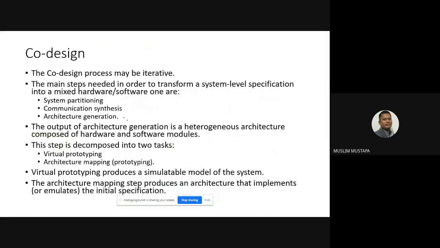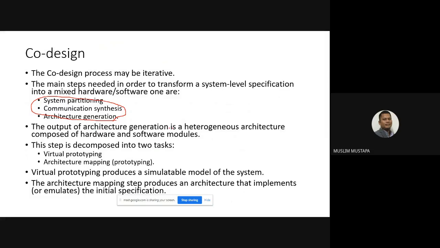So the main steps needed to transform a system level spec into a mixed hardware or software design are system partitioning, communication synthesis, and architecture generation.